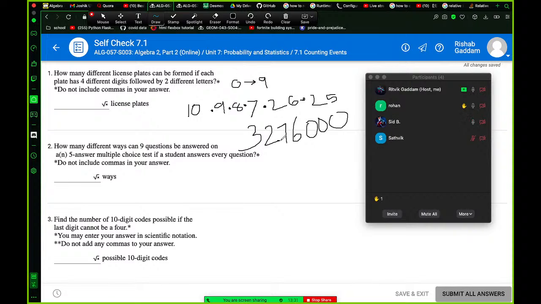I have a question. Yeah? I understand the 10, 9, 8, 7, but why the 26 and the 25? Okay, so it said two different letters. Since there's 26 letters in the alphabet, yeah. Oh yeah, I didn't think of that. I thought it had two assigned ones. Okay, yeah.